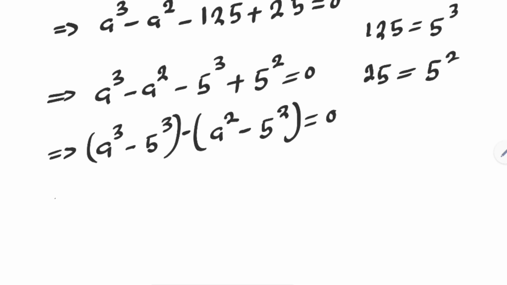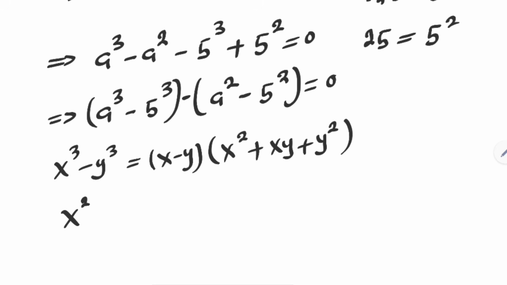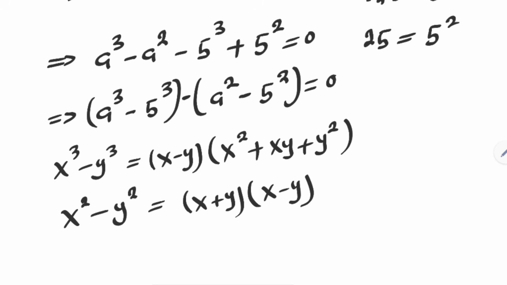Take note of this: if you have s raised to power 3 minus y raised to power 3, this is equal to s minus y, bracket, s squared plus sy plus y squared. Then if you have s squared minus y squared, this is equal to s plus y, bracket, s minus y, where s is equal to a and y is equal to 5.